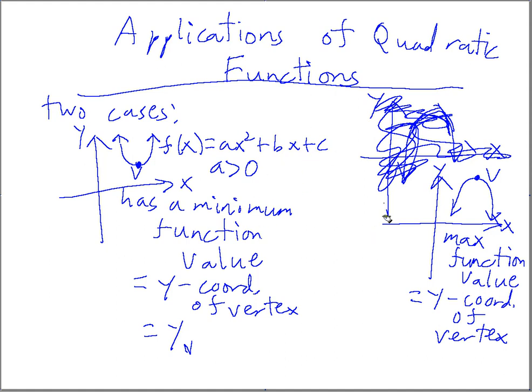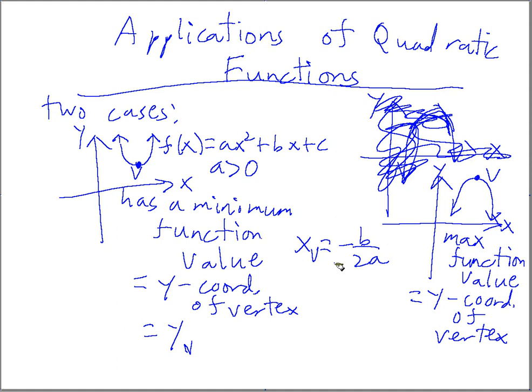Let's talk about this minimum or maximum. To find the y-coordinate of the vertex, I need to know the x-coordinate of the vertex first. Just like last time, we had the formula where x sub v is negative b over 2a. This is the x-coordinate of the vertex.